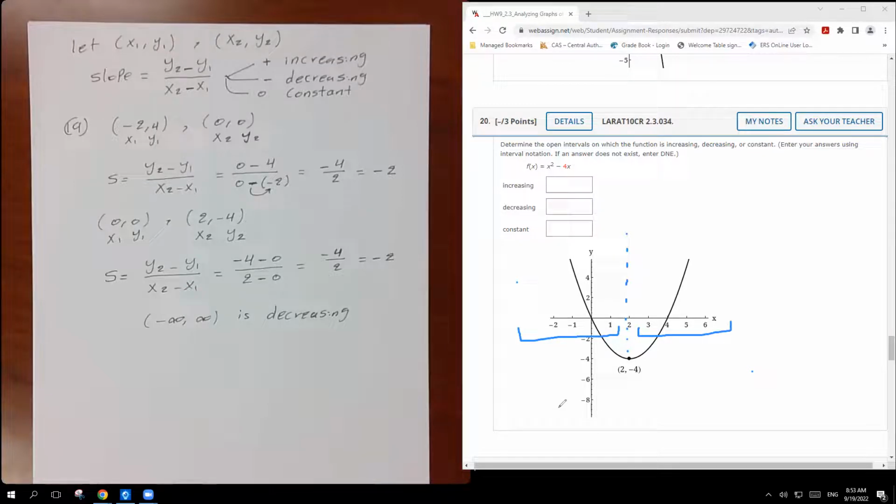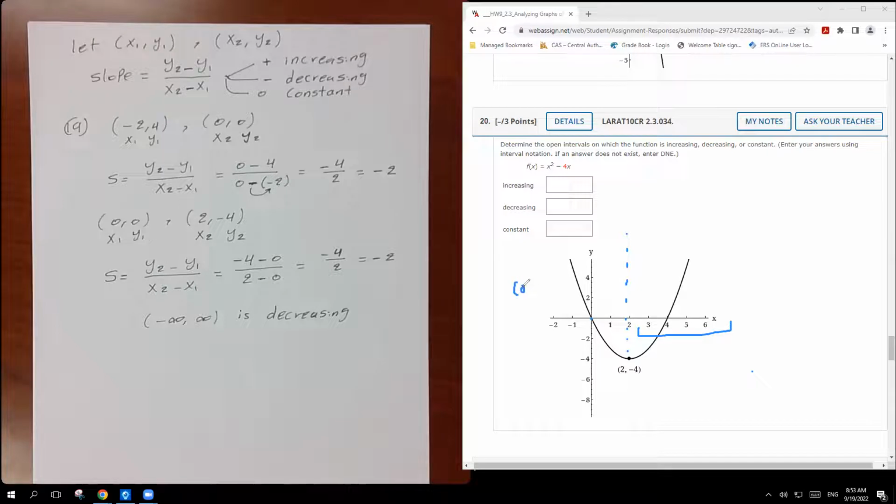So I'm going to choose a point on this side, and here's the second point. Whenever you choose a point on a side of the graph, make sure to choose a point that is not a decimal number, because finding the slope is going to be easier for you. So I'm going to choose this point, which is 0, 0.